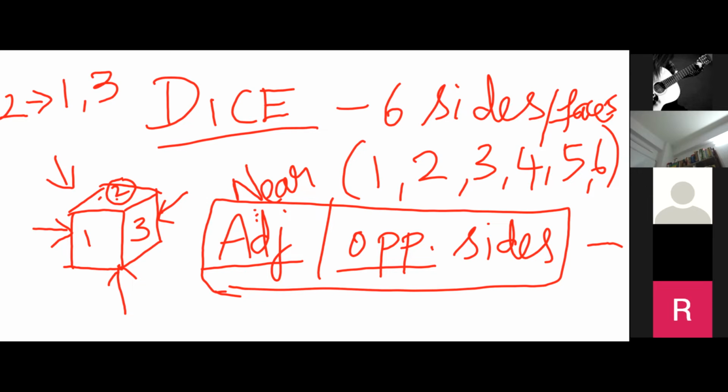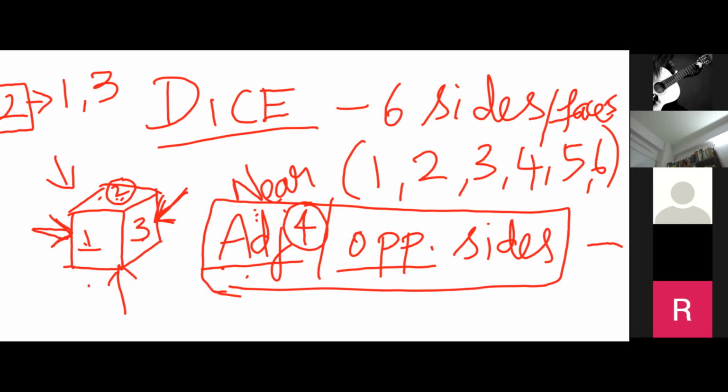In the back side I will have another number, and on the left side I will have another number. So there are 4 adjacent sides for any face of a dice.